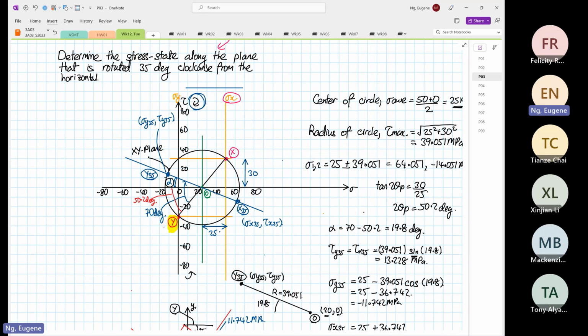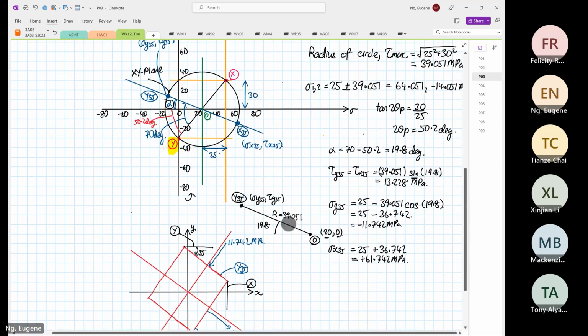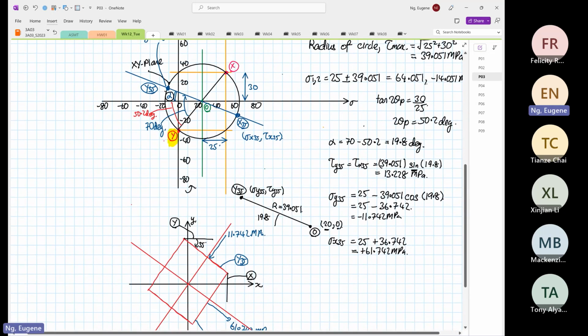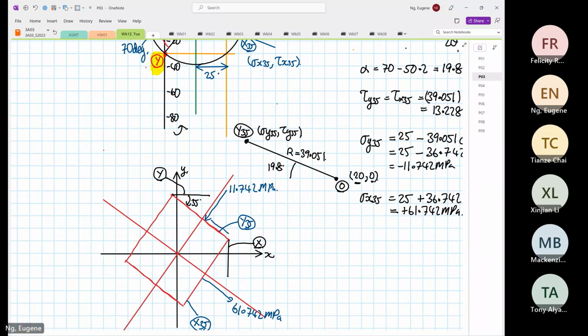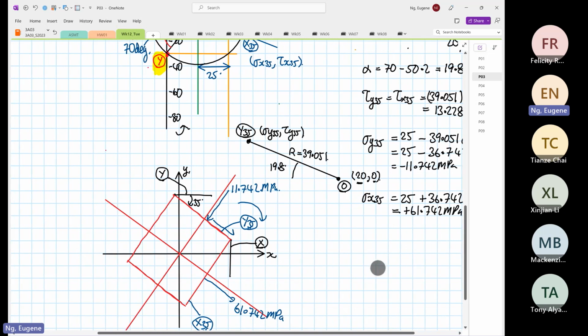Okay, where I'm circling now, the element has to rotate clockwise, right? So on Y35, for the element to rotate clockwise, it has to be pushing down in this direction, right? Then it will generate a clockwise rotation. And that value over there is 13.228.